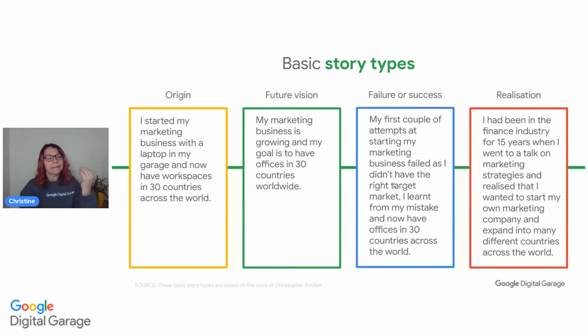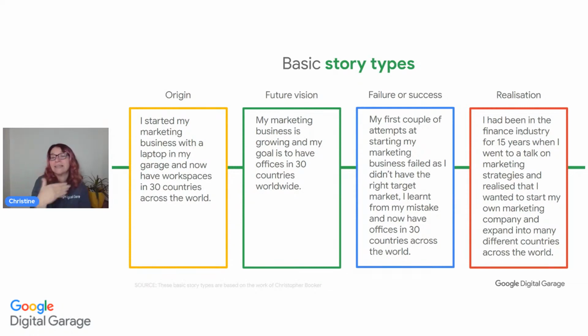And then the next slightly different type of story is the realization story. A realization story is all about having a problem, being stuck, and then, bam, that eureka moment, that realization that changed everything. So in this story: "I had been in the finance industry for 15 years when I went to a talk on marketing strategies, and I realized I wanted to start my own marketing company and expand into different countries around the world."